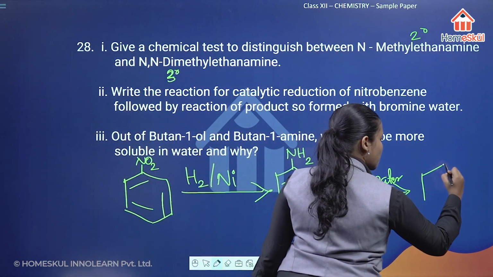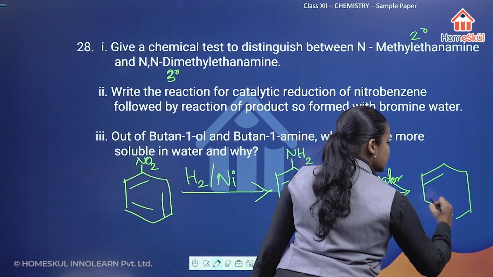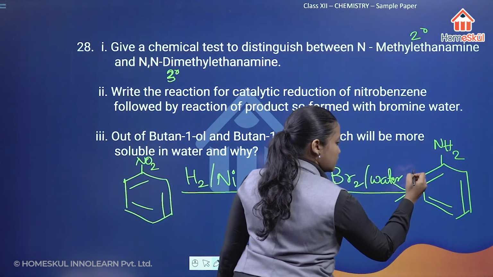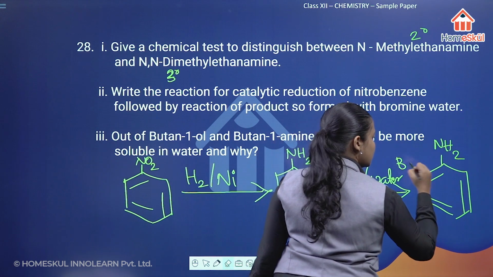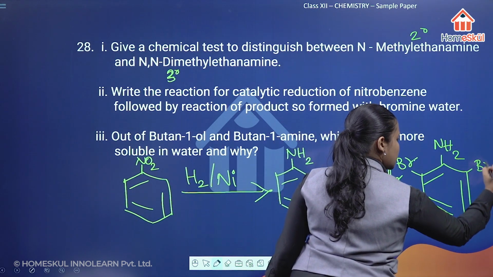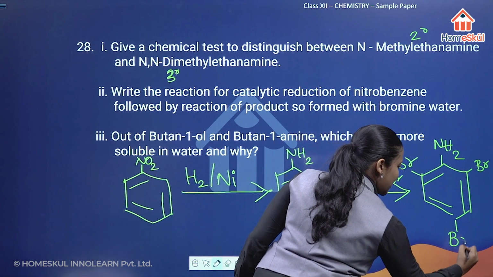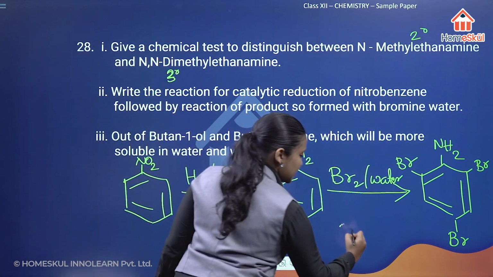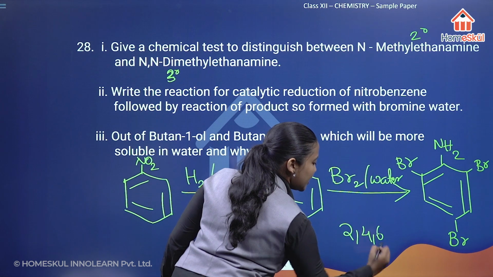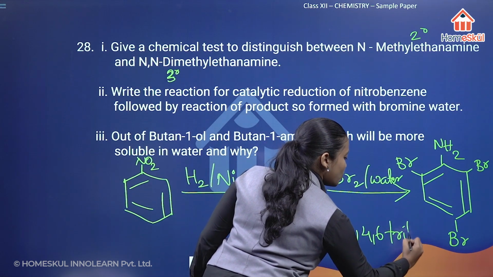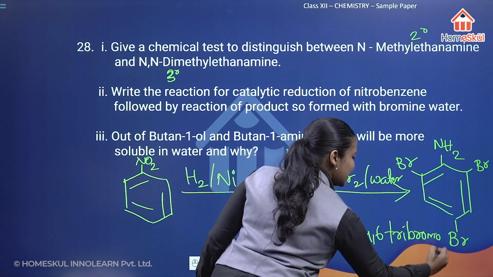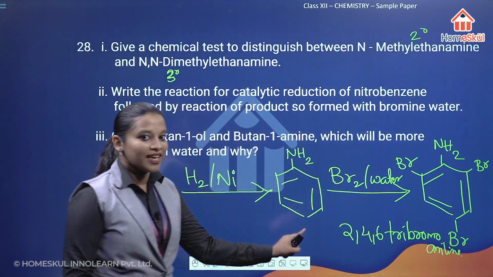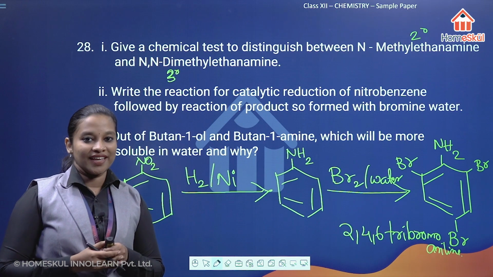NH2 is ortho-para-directing. So here bromination occurs in two ortho positions and the para position. That will result in the product 2,4,6-tribromoaniline. We can see the product here. It is 2,4,6-tribromoaniline.